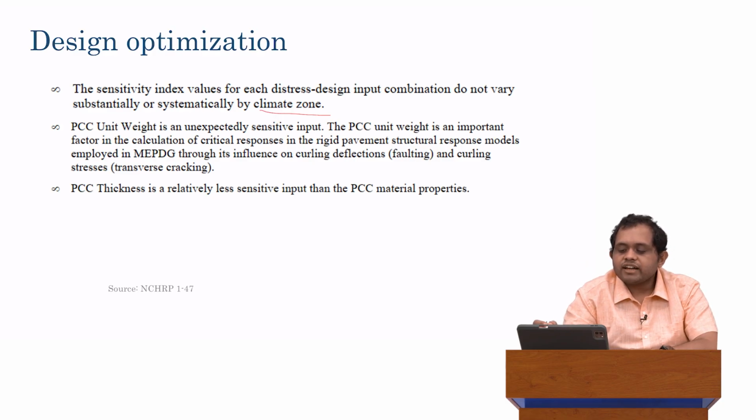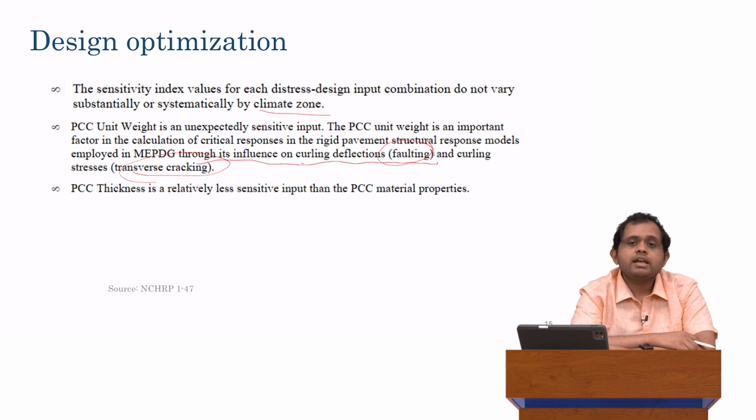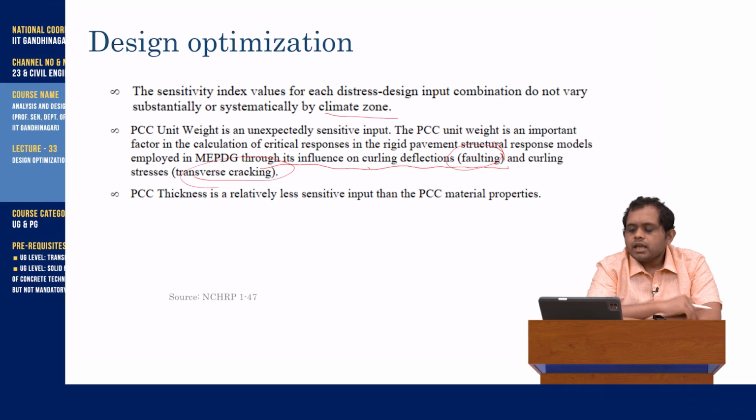It was found to be a fairly important value through its influence on curling deflections, namely faulting, as well as on transverse cracking. So, according to the authors, one finding was that the sensitivity does not vary that much depending on which climate zone you're in. Another rather surprising finding was that the sensitivity of the unit weight is fairly high. They did not expect that to be the case. I thought that should have been the case, but that was their finding.